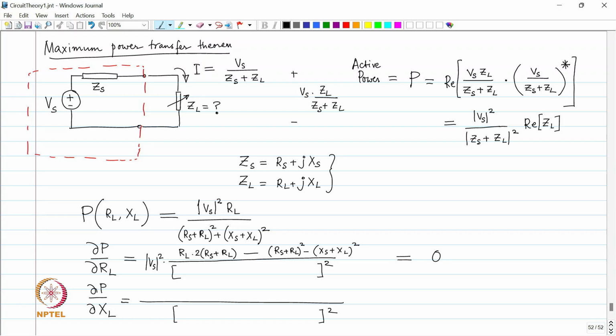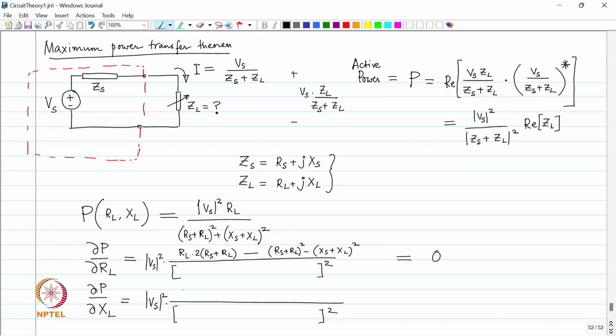Fine. Okay. Second one, denominator squared is there, and then I have dou x L, right.